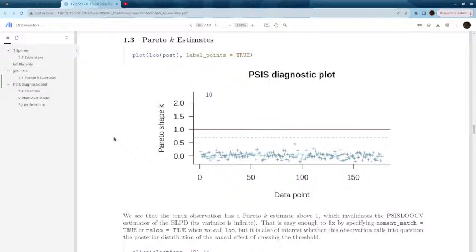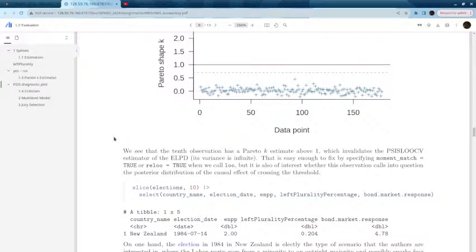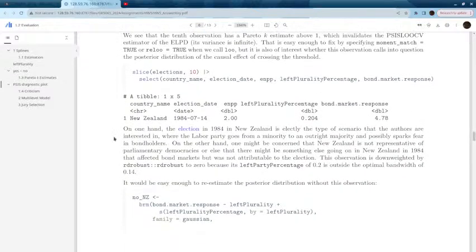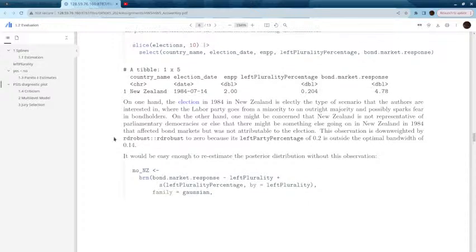So this, technically speaking, invalidates the estimator of the ELPD. We could fix that relatively easily if we wanted to. It does not, theoretically speaking, invalidate the posterior distribution. It just means the posterior distribution might be, or is, fairly sensitive to this one observation, and when that happens, it's definitely good to look at that one observation to see what's going on with that.